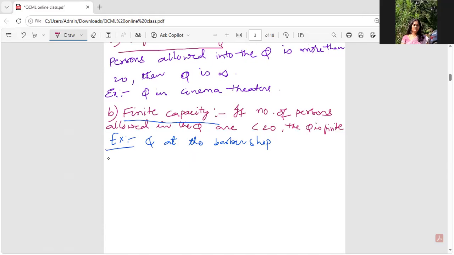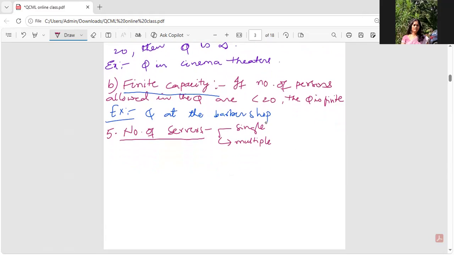The next parameter, the fifth, is the number of servers, guys. Obviously, there cannot be infinite servers. The number of servers can be classified as single server and multiple server. We have only single server queuing models; multiple server queuing models we don't have, so we can just skip with a small awareness of what it is.